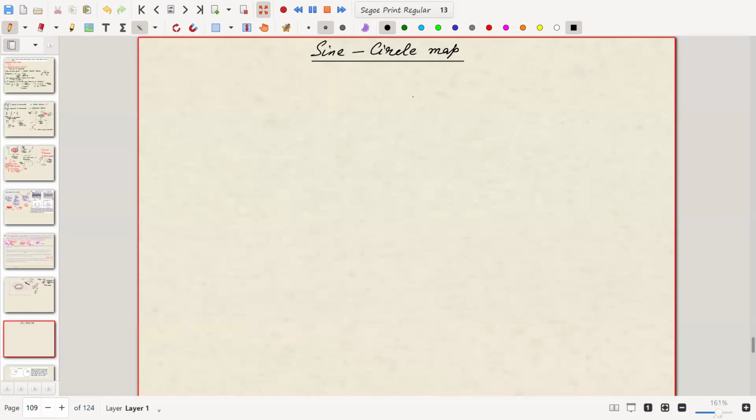Why are we learning the sine circle map? Think about it. The answer why we are again studying the sine circle map lies in its name.